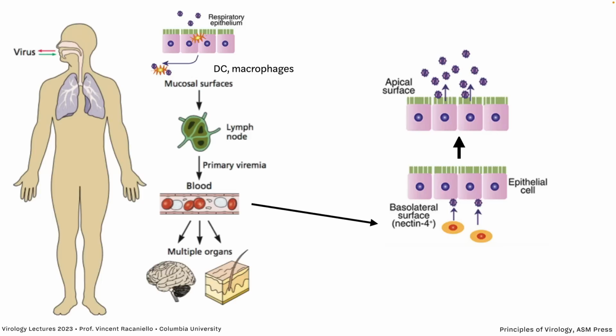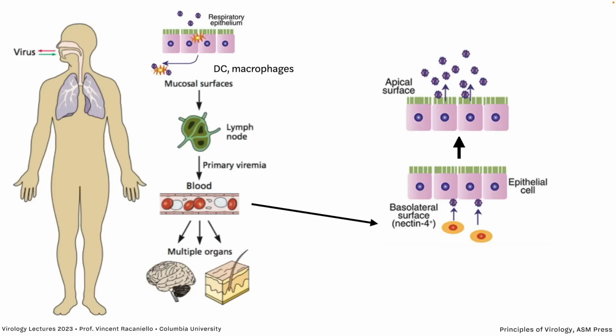So it's not reproducing in the epithelium, but the DCs and the macrophages bring it in. They go to the lymph node to see if it's foreign, and they bring it in there, and it multiplies. You have a primary viremia, virus in the blood, that spreads it to many other organs. The skin is one, of course. The rash is typical. But it can also get in the brain. About 1 in 1,000 kids with measles have encephalitis.